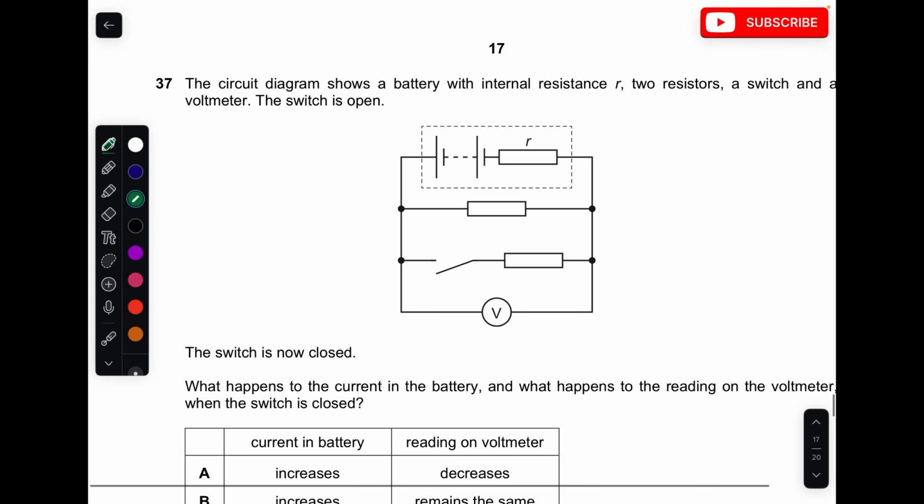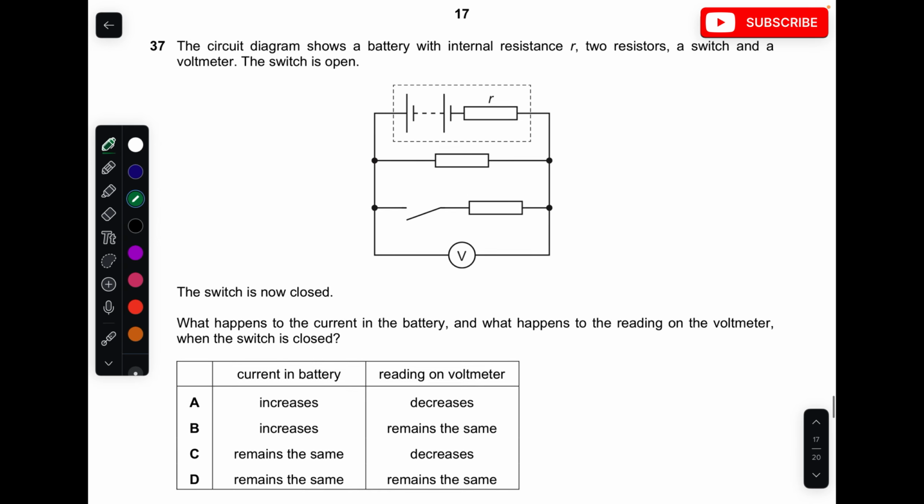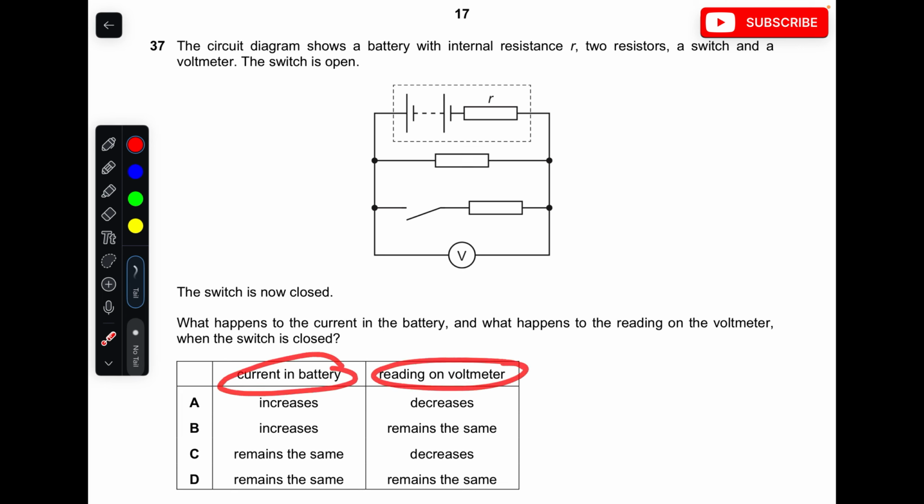Question 37. The circuit diagram shows a battery with an internal resistance R, two resistances, a switch, and a voltmeter. The switch is now closed. Okay, this switch is closed, and you have to tell what will happen to the current in the battery and the reading on the voltmeter. So first we need to understand how they work. So the current from the battery, this I is the total current.